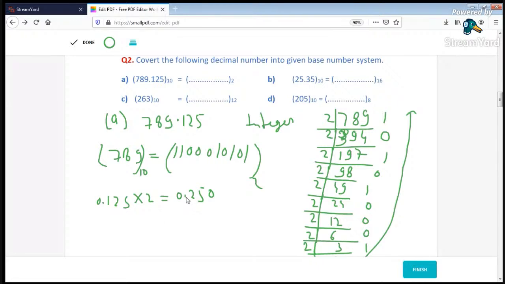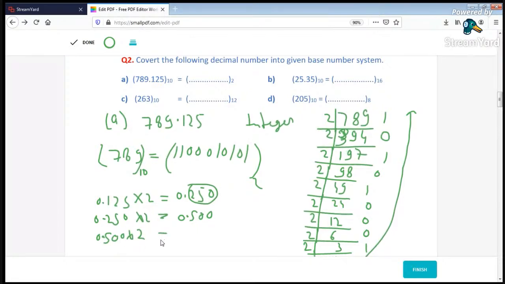So we pick 0.250. We multiply it by 2, and we pick only the right side of this decimal value, that means only this 250. This 250 multiplied by 2, the next answer will be 0.50. After the decimal point it is not yet 0, so this 0.50 we again multiply by 2.